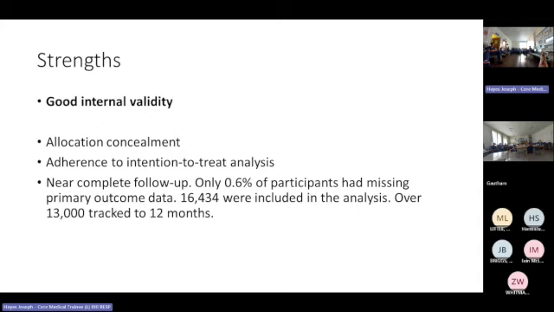As I said, there was allocation concealment, there was strict adherence to intention to treat analysis, and there was near complete follow-up, with only 0.6% of the participants having missing primary outcome data, and over 13,000 tracked to 12 months.